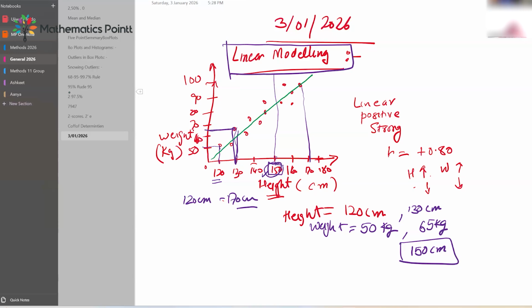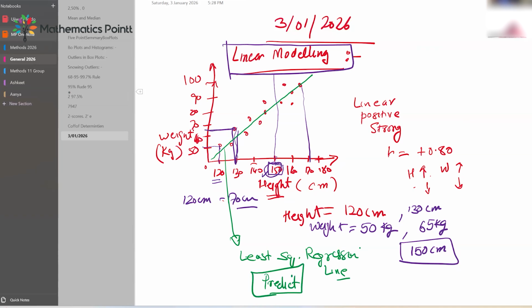And I call this line the least square regression line. This line will now help me to predict the weight of any height between 150 to 170 centimeters, even if that person was not in my experiment.